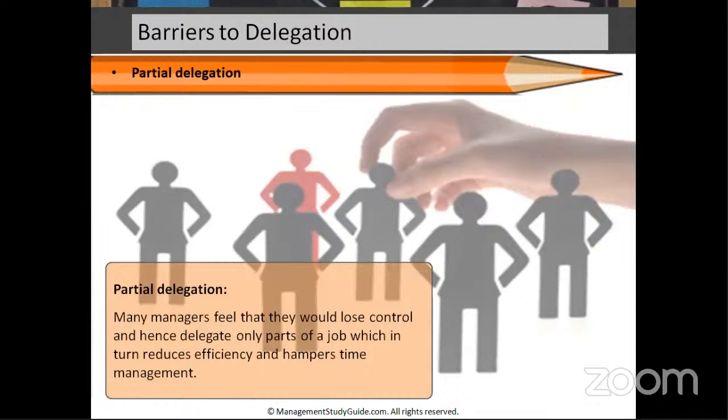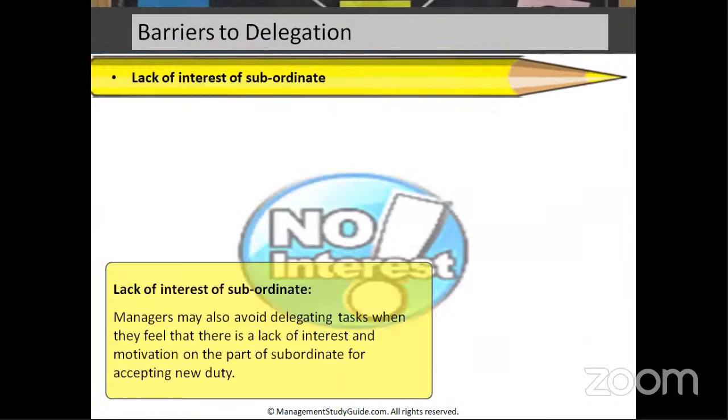Many managers feel that they would lose control and hence delegate only part of the job, which in turn reduces efficiency and hampers time management. Lack of interest of subordinates. Managers may also avoid delegating tasks when they feel that there is a lack of interest and motivation on the part of subordinates for accepting new duty.